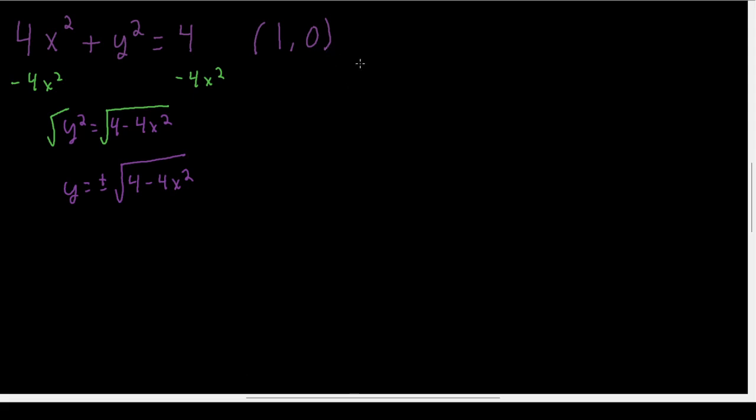Now to solve this problem, we're going to need to remember a formula that you probably learned back in geometry or algebra 1. It's the distance formula, which is equal to the square root of (x1 minus x2) squared plus (y1 minus y2) squared.